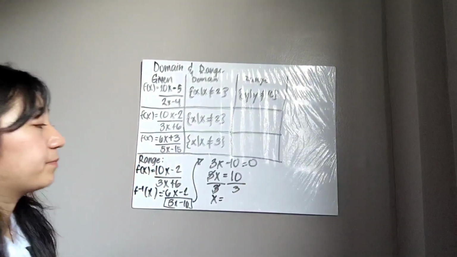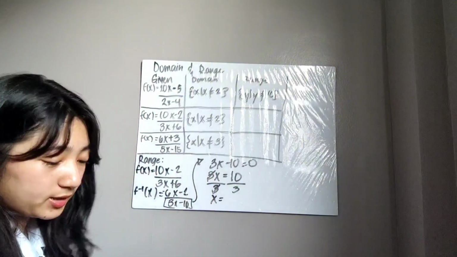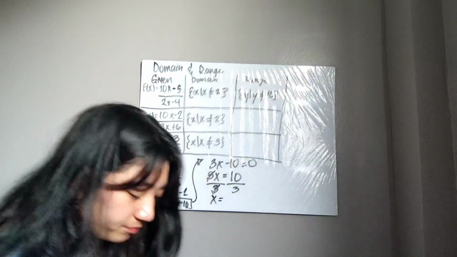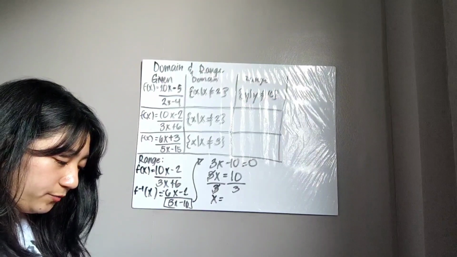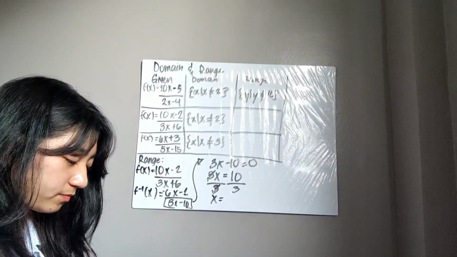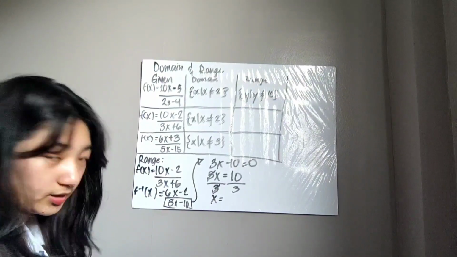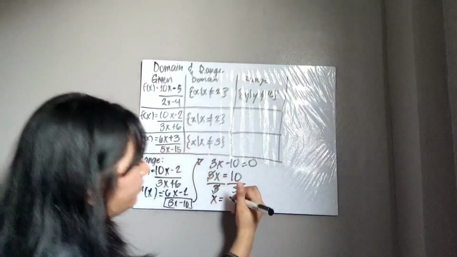X is 10 over 3. Pag kinalculator natin siya, 10 over 3 is 3 and 1/3.